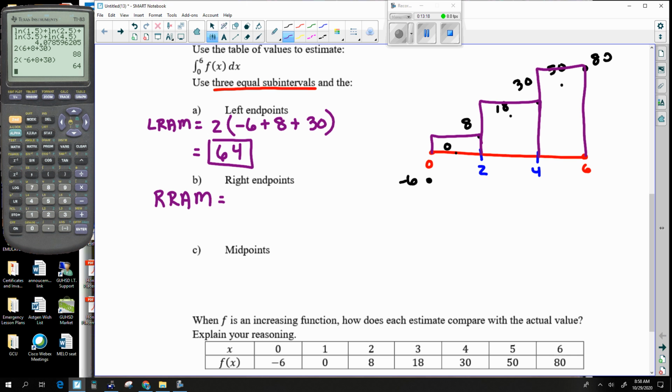So again, we have a consistent base of 2, and the right-hand sides are at 2, 4, and 6, which have heights of 8, 30, and 80.